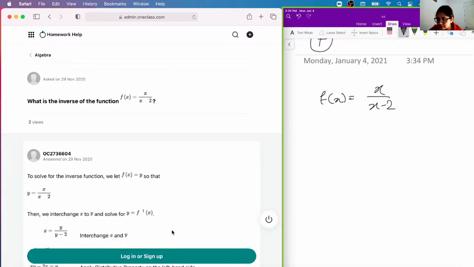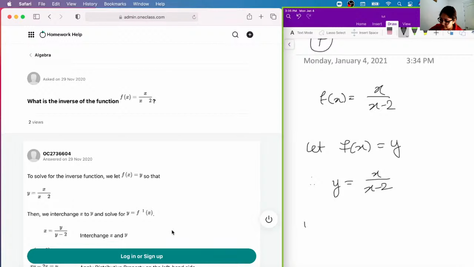To solve for the inverse, we'll just let f of x equal y. And so in this case, you have y equals x over x minus 2. Okay. And then we're going to interchange x and y and then solve.